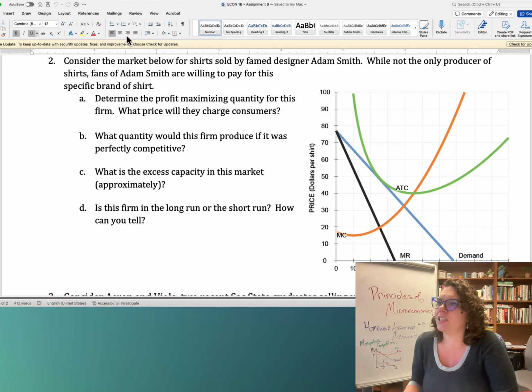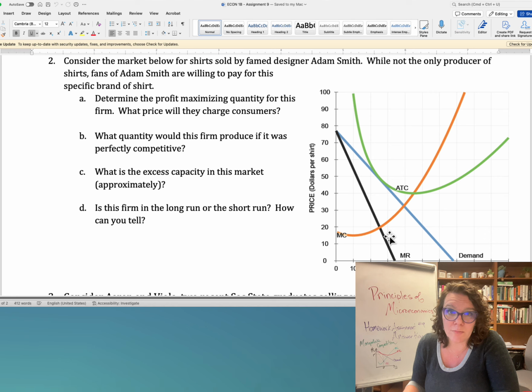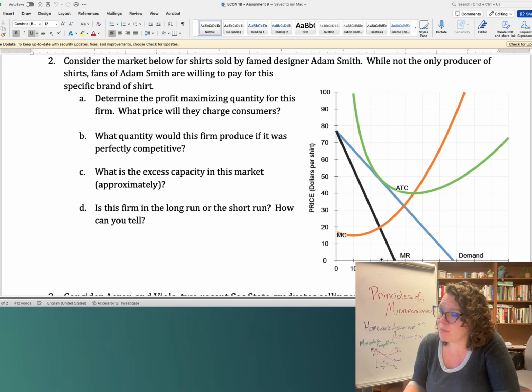And I'll go ahead and change the color just so this stands out and we can tell what we're looking at. So on this graph, right here, we've got this line that connects our, oh, that was way too weird. Let's make it a little bit cuter. There we go. Where marginal revenue is equal to marginal cost is going to determine the quantity that we want to produce for a profit maximizing firm and the price they're going to charge.